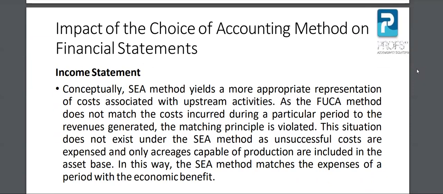Because when it comes to the full cost, they are of the view that whether it leads to a commercial discovery or not, they will capitalize, meaning they are going to have a very huge asset base, compared to successful effort accounting, all other things being equal.